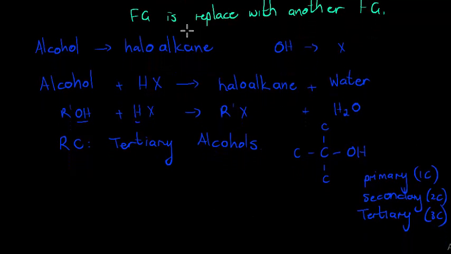And then this is conducted at room temperature. Now if we were to use a primary or secondary alcohol, the temperature would be much higher and the reaction would be slower because they are less reactive and therefore need more energy. We'll have to increase the energy and it happens slower.